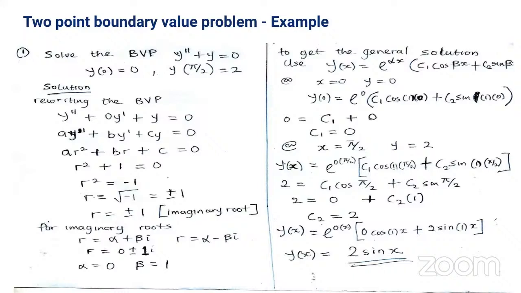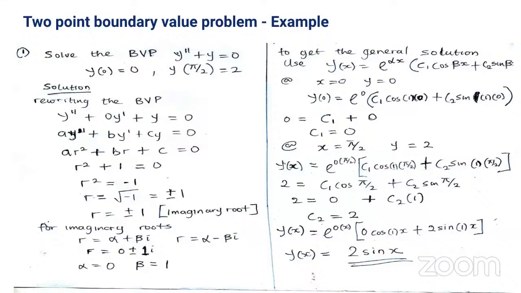So the solution, of course, we have the second order differential equation. We rewrite it, bring in the auxiliary equation, and solve the equation that comes out of it. That's r squared plus 1 equals 0.